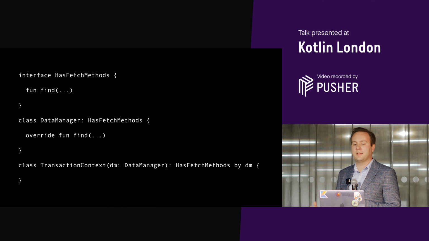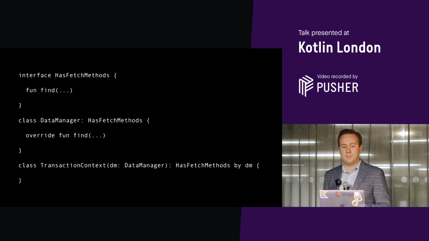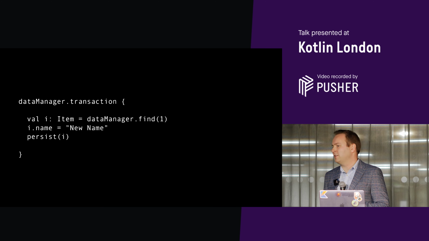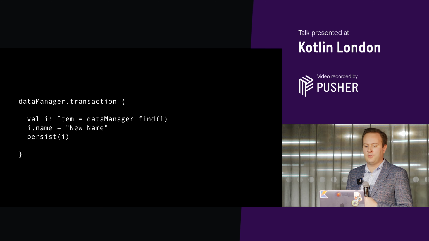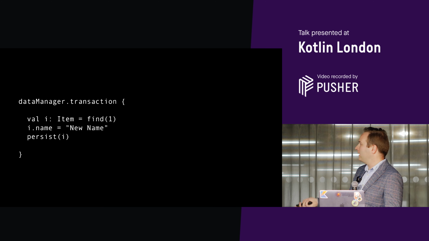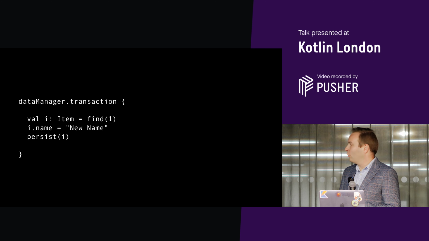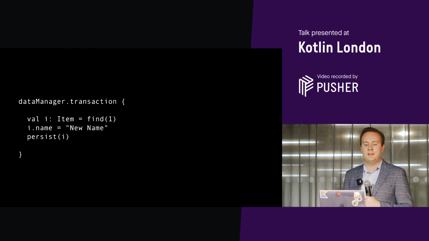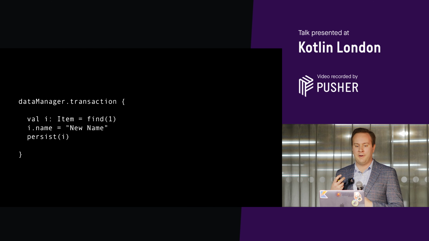At that point, our transaction context automatically implements all of the public fetcher methods as well as all the mutation methods. And that means you can go from a find and update that looks slightly clumsy to looking really nice, clean and easy to use. Kotlin makes it really easy to organize our interfaces much more conveniently like that. And that delegate implementation thing is like 3 extra characters.